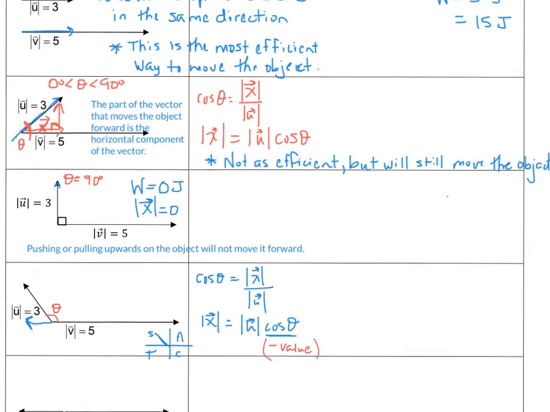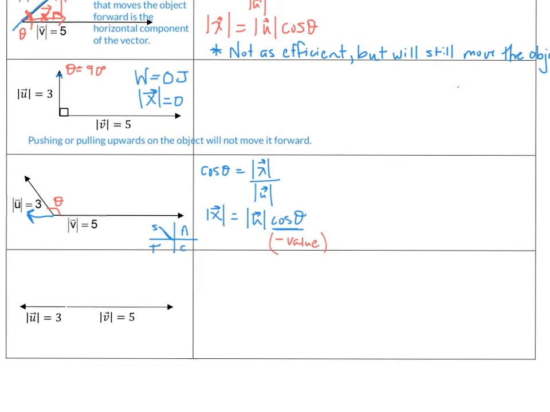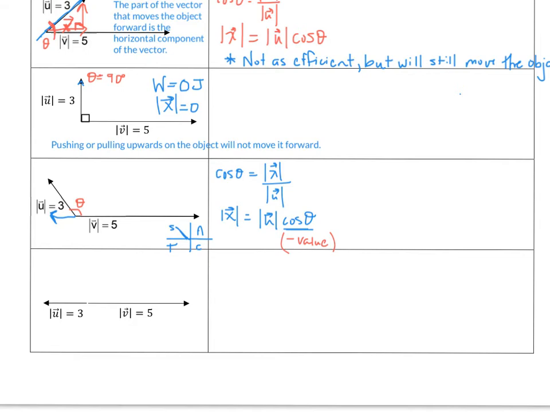All right, we're going to look at the next example here, and the last in our chart. I have a vector now. We're actually pulling in the opposite direction that we want to move it. Okay, we want to move it forward, but we're actually going to the left by 3. So again, we are moving that object in the opposite direction, and it's not going to move it forward at all.